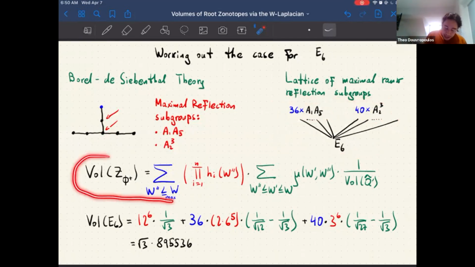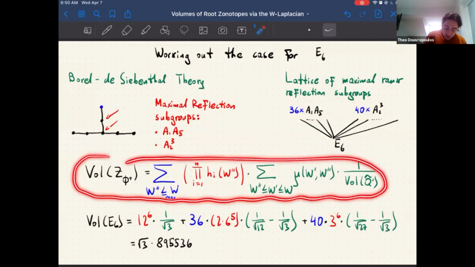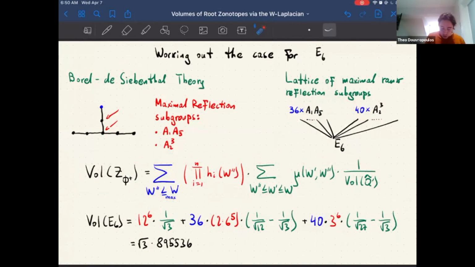So if you just apply this formula that we had before, step by step, everything that you're going to see is going to be three terms. The term that's coming from E6, so 12 is the Coxeter number of E6. The term that's coming from the reflection subgroups A1 cross A5, these are their Coxeter numbers. These are their connection indices in the Möbius function.